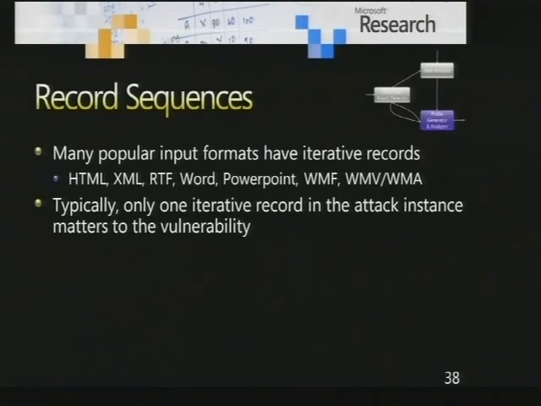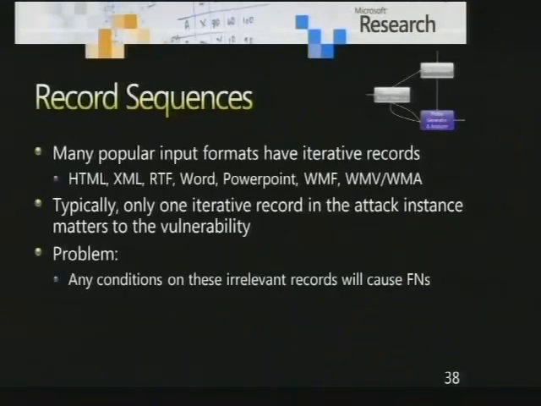For example, in a WMF attack, it's only one record that will trigger the attack and exploit the vulnerability. All other records don't matter. So if we don't remove those irrelevant records, any conditions on these irrelevant records will cause false negatives because those are too specific and unnecessary conditions.